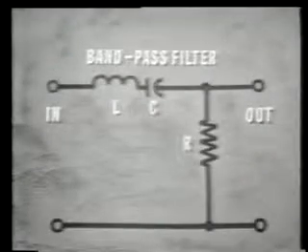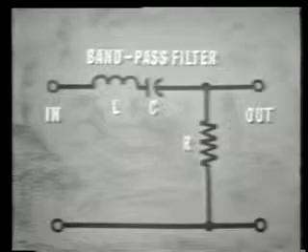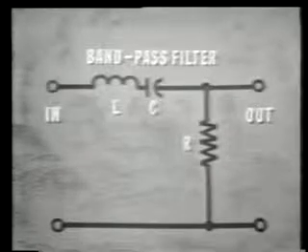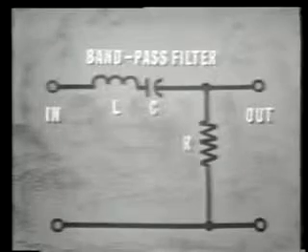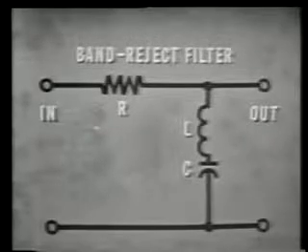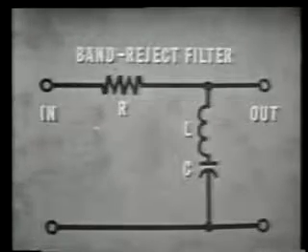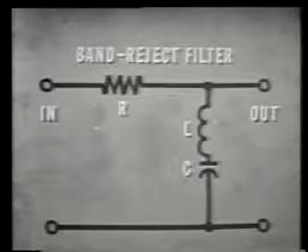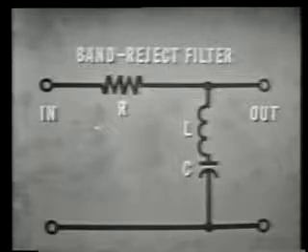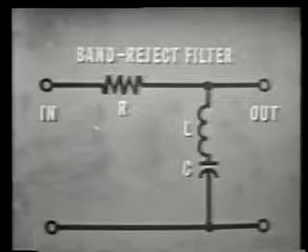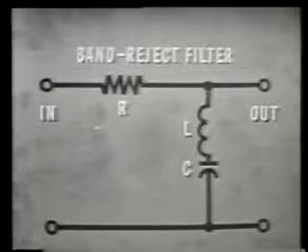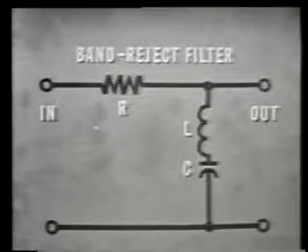A band-pass filter used a series tank circuit and a shunt resistor to pass a selected band of frequencies and reject all others. A band reject filter rejected a band of frequencies while passing all others. This was accomplished by reversing the position of the series and shunt components of the band pass filter. The resistor became the series component and the tank the shunt component.